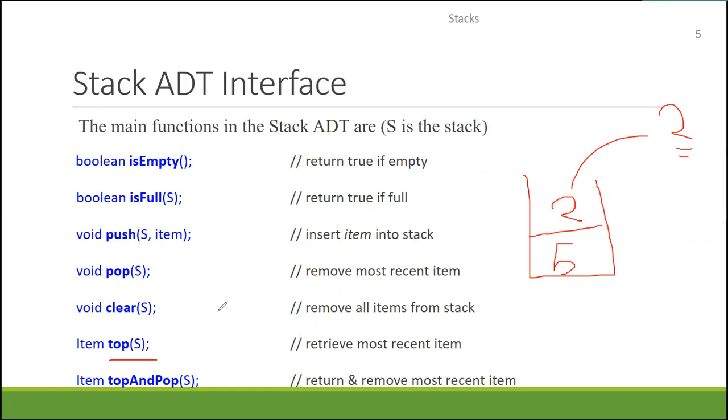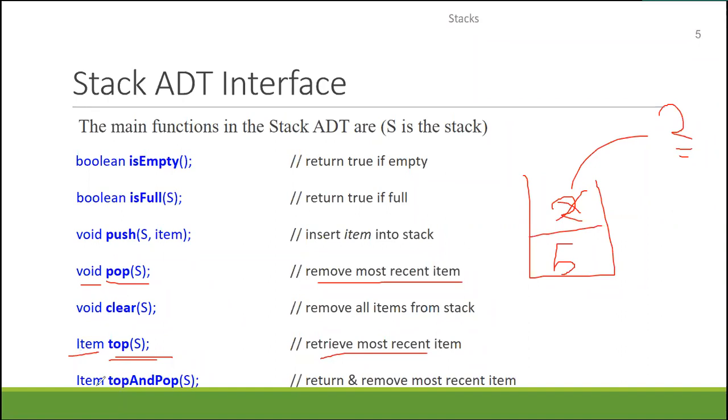The pop function will remove this item. So that is the difference: pop removes the most recent item, and top just tells you what the most recent item is. The return types are also different. In the pop function, the return type is only void, that means you are not returning anything to the user, but here you are returning the item.